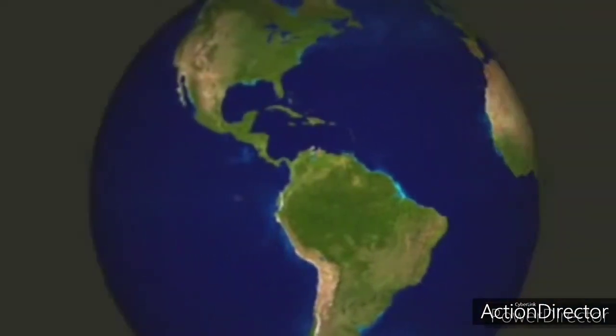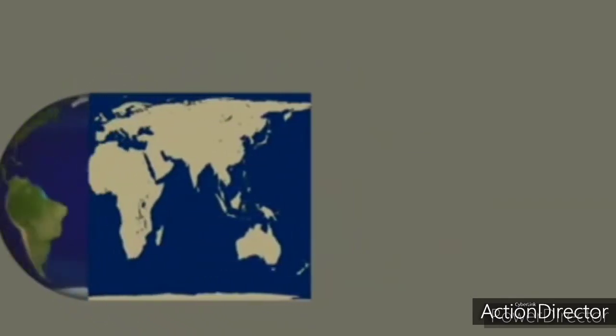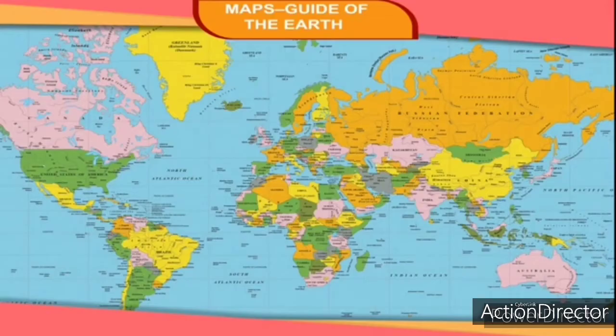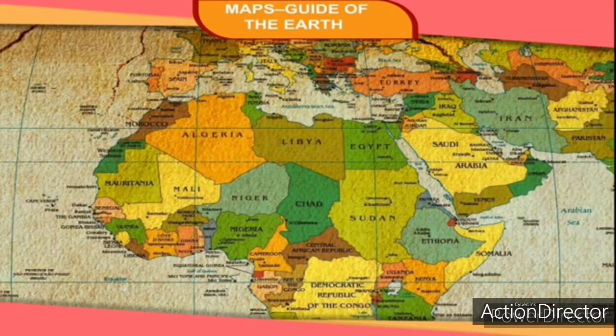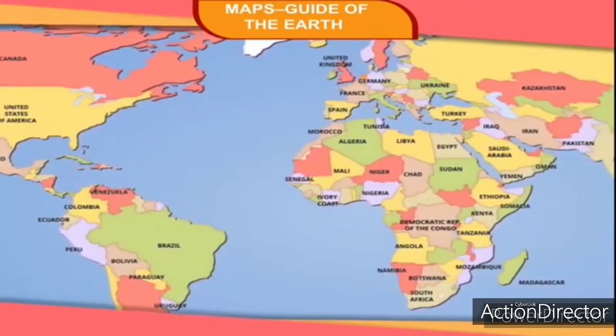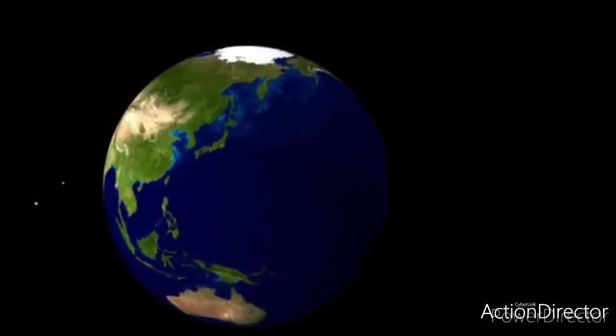A map is a flat representation of the globe which is seen on paper. It is a two-dimensional surface which projects a part of the earth or the whole. It is also minimized in proportion to the real size or area.